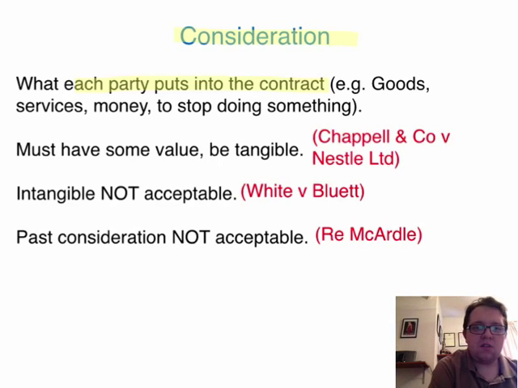And finally, past consideration is not acceptable. And this is seen in the key case of Re McArdle, where a widow was left a house which she wanted to pass on to her family, the beneficiaries.